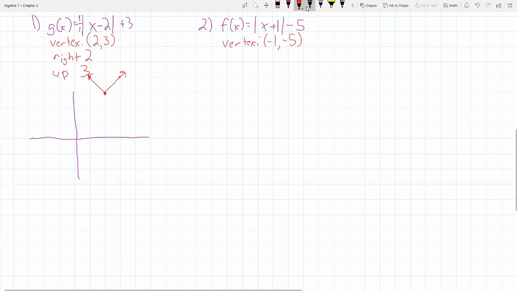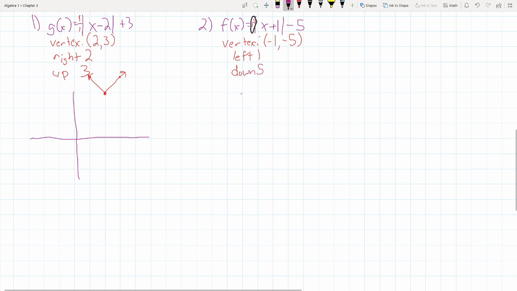I don't have anything on the outside, so that tells me that it's kind of an invisible 1 out of 1. My transformation then is left 1, down 5.